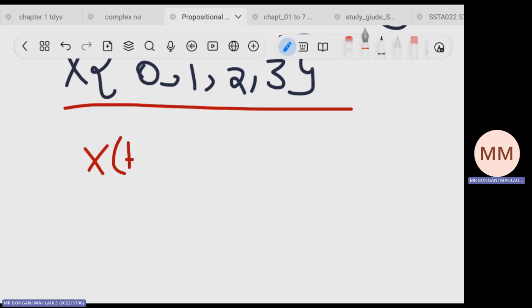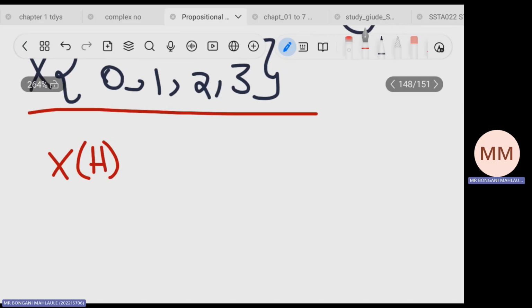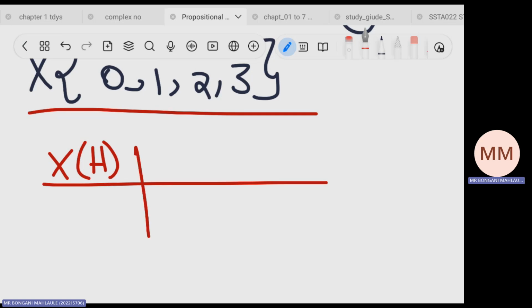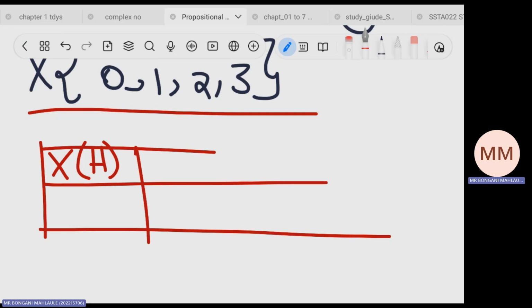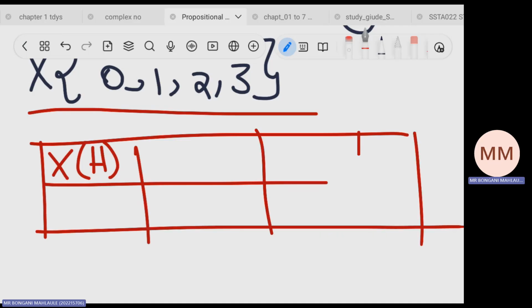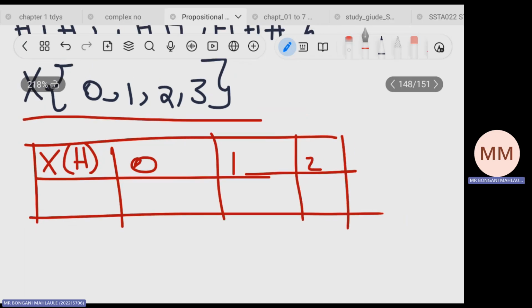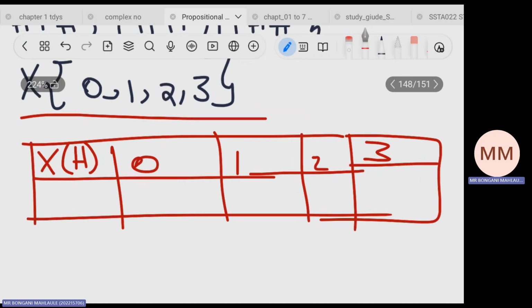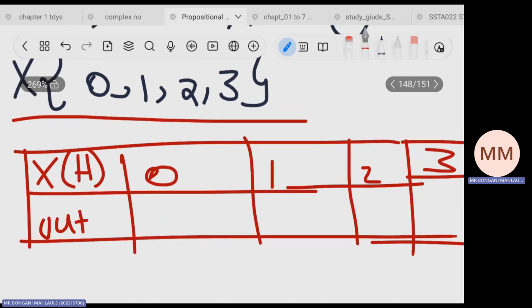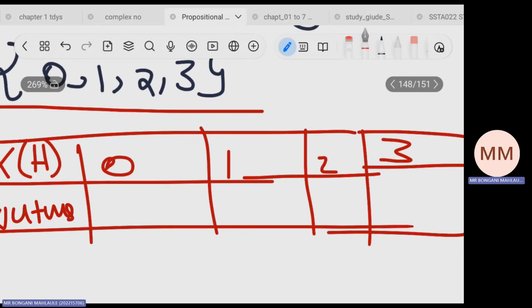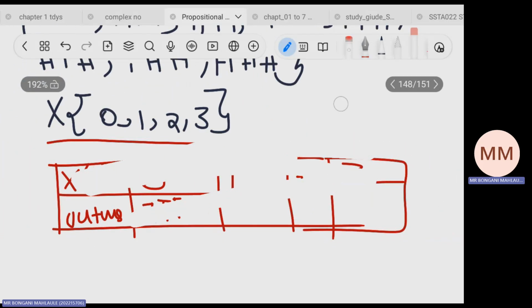We say the number of heads, obtaining 0 heads. If I'm writing it in a table, here you'll have to write 0, 1, 2, 3. Then here you write outcomes. So maybe we can give an example of that, but this is simple, something that you know, draw a table.